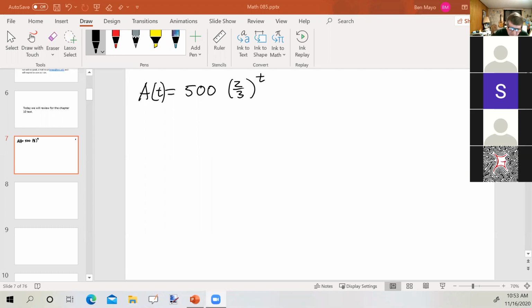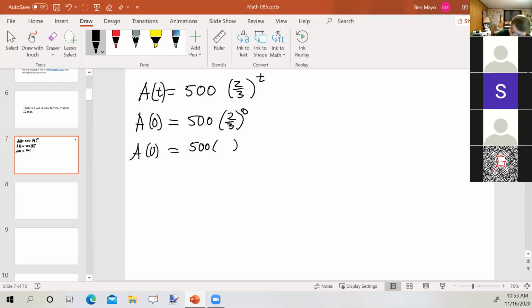Okay, so we've got this function. A of t equals 500 times 2/3 to the t power. What would A of 0 equal? In other words, at the beginning of time for this problem. What's 2/3 to the 0 power?